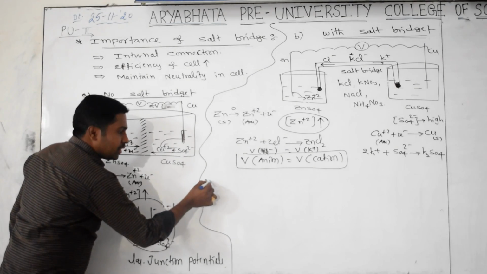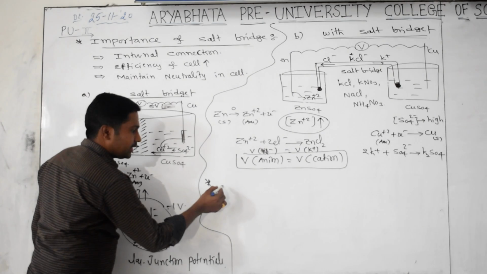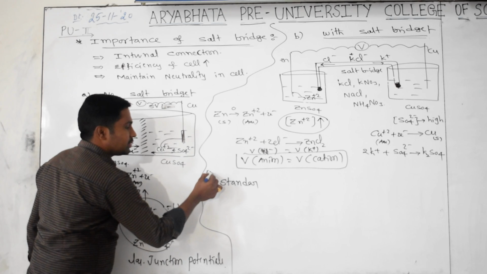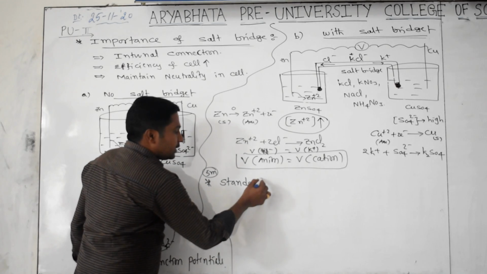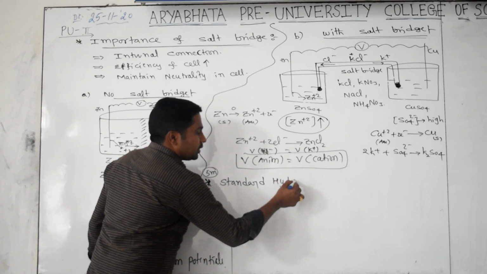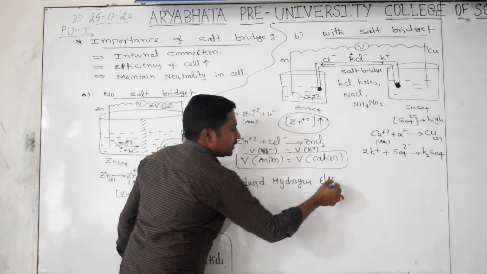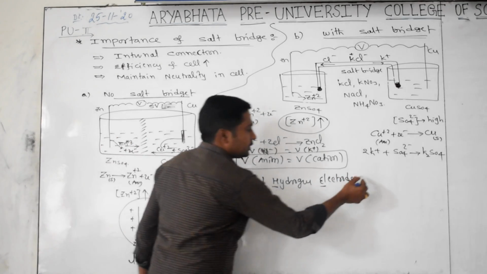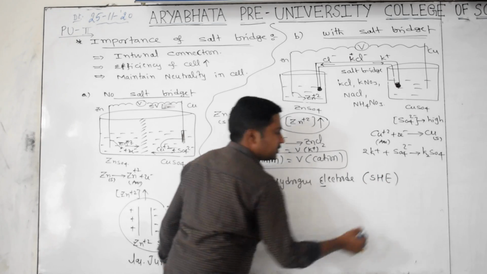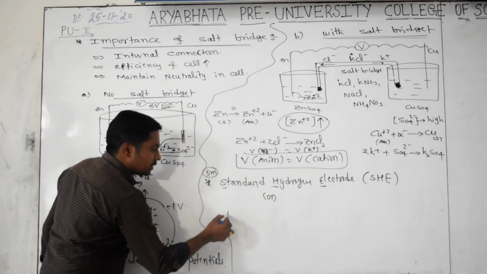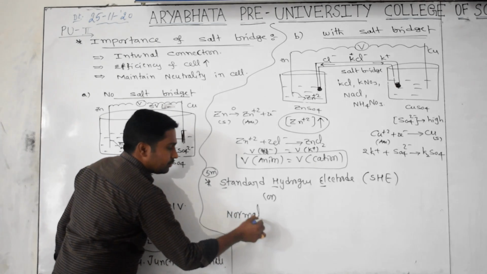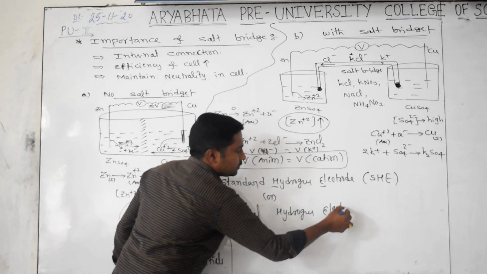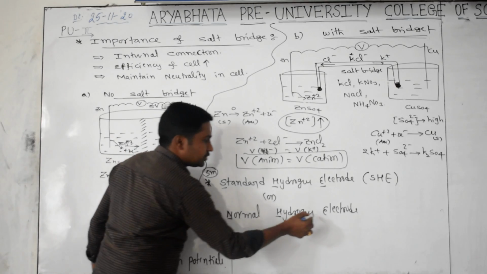Now, I will explain one important thing. Very important thing. You have to observe very carefully. Standard hydrogen electrode. This is important for the board examination for 5 marks. We can shortly call it SHE. It is also called the normal hydrogen electrode, also called NHE.